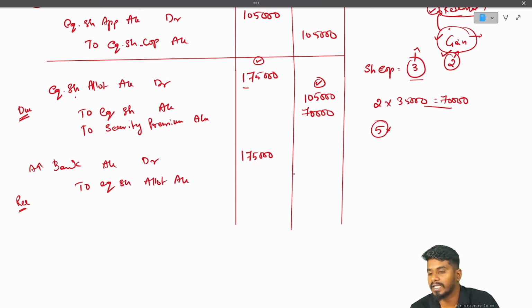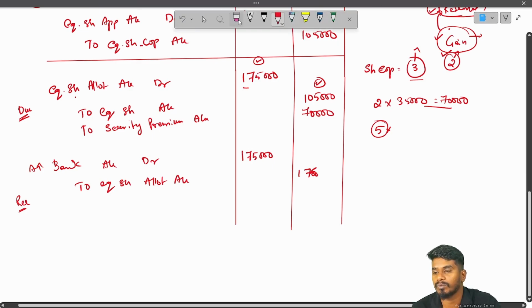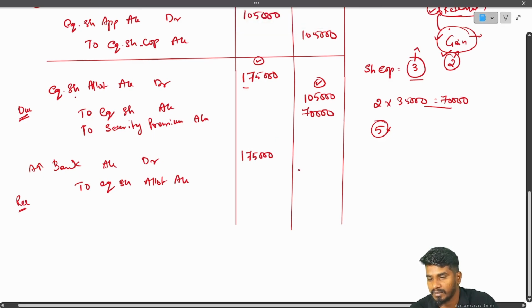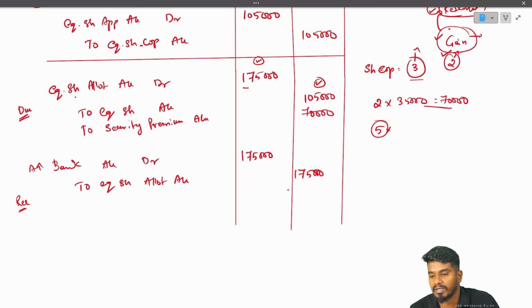Why credit, why debit, I have explained all these things in the previous video. If you didn't watch the previous video, kindly watch it, because you won't understand anything here. Without watching previous videos, we cannot understand why it is credited and why it is debited. Right? So this allotment entry is done, finished.